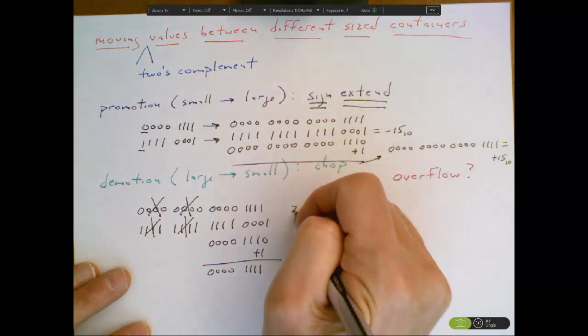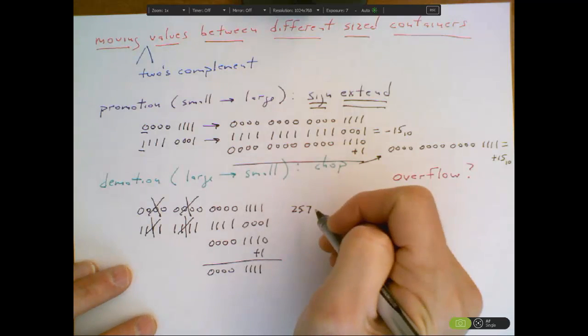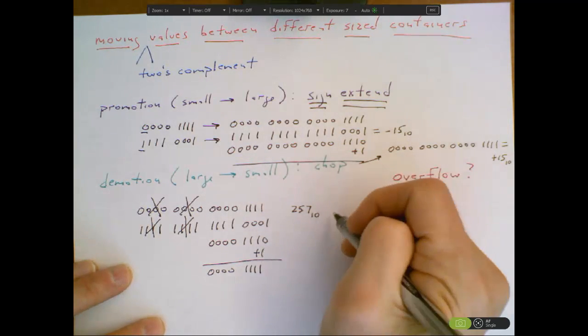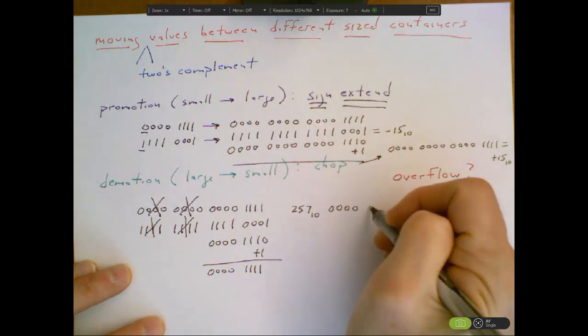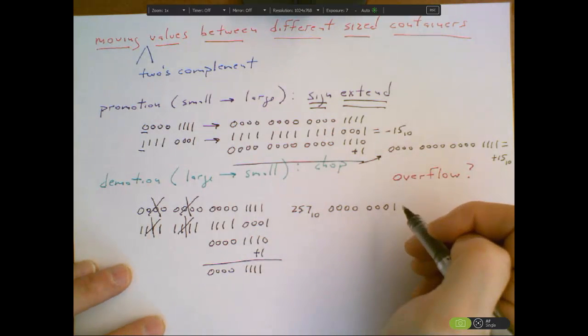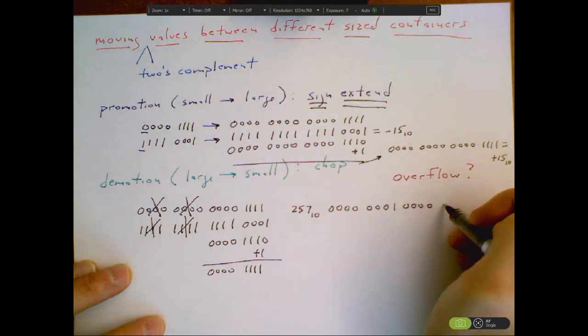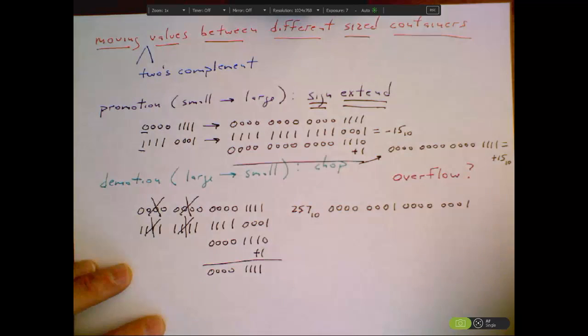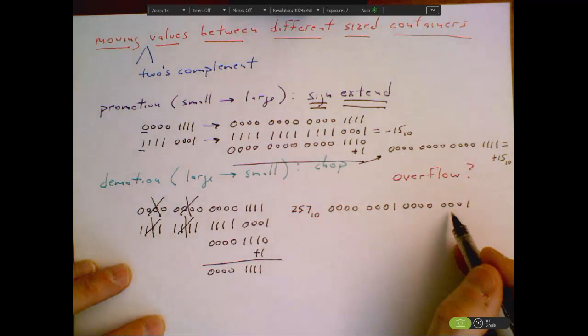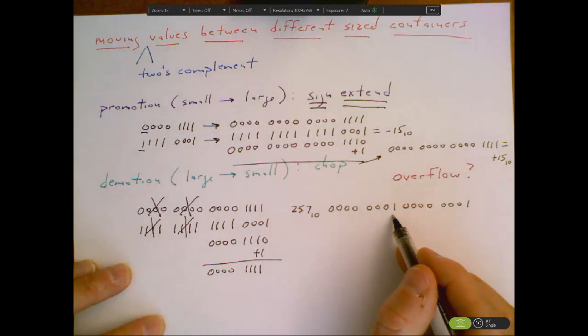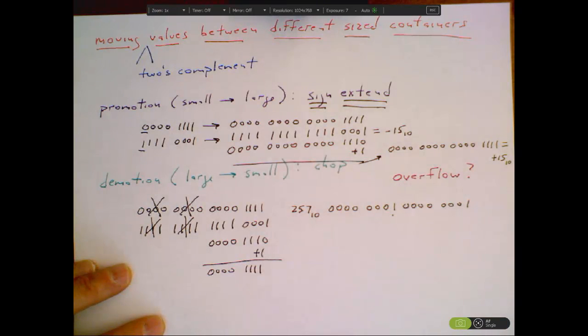I have 257. Base 10 is going to be, again, this is 2, 4, 8, 16, 32, 64, 128, 256, and 1 is 257, right?